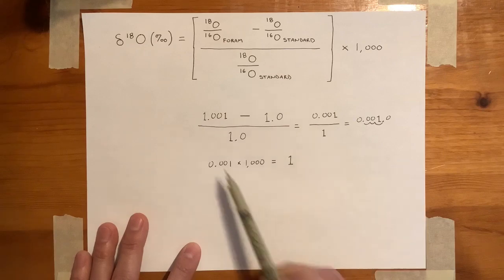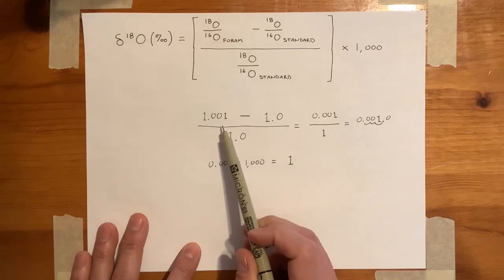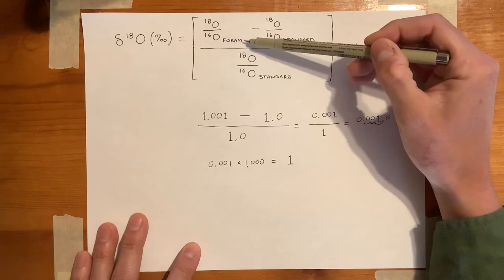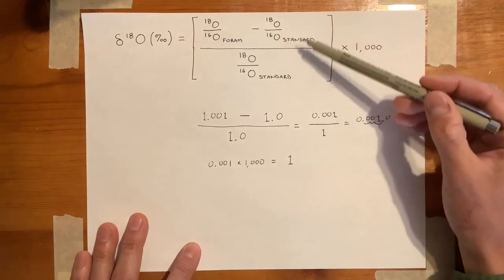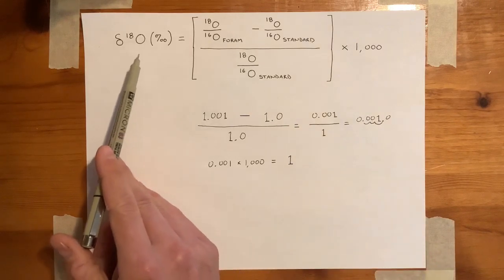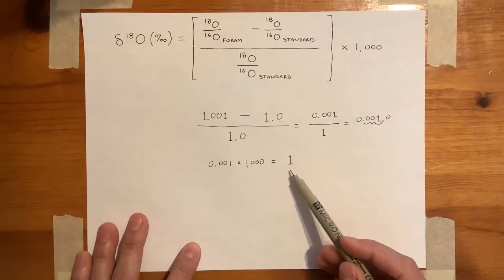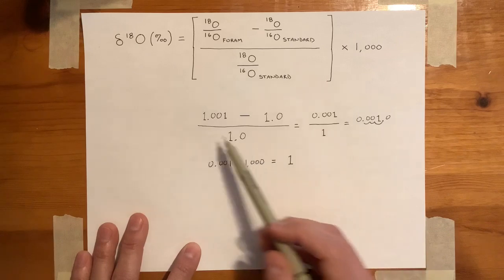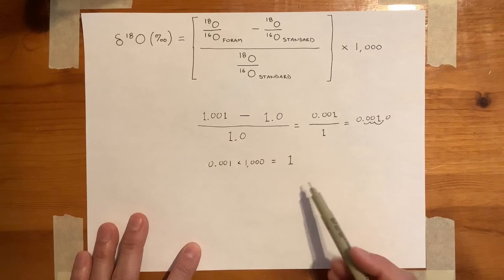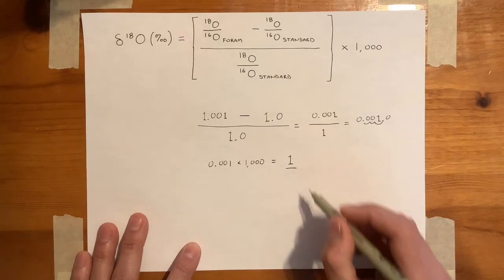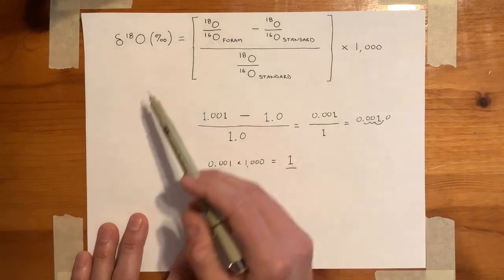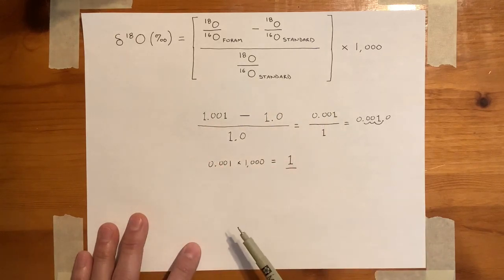So a 1/1000th change in the oxygen 18 to 16 isotope ratio of some sample compared to a standard would equal a delta 18O value of 1. So you can see that very small changes end up becoming easily palatable numbers like 1 or 2 or 3 when we use this delta 18O notation.